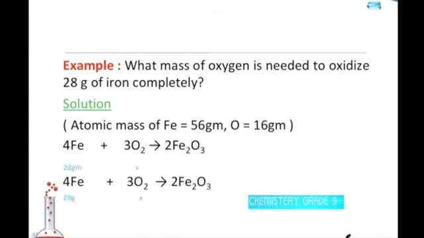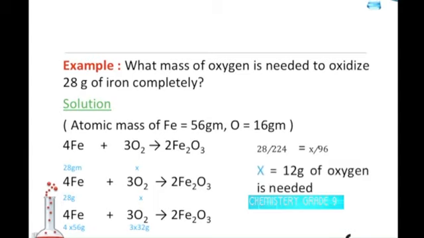So we write the X above the oxygen and the 28 above the iron. On the bottom, write the mass. Then we multiply them by the coefficient, so that's 4 for iron and 3 for oxygen. So the proportion is set up: 28 divided by 224 equals X divided by 96. So we can solve for X and get 12 grams of oxygen needed.